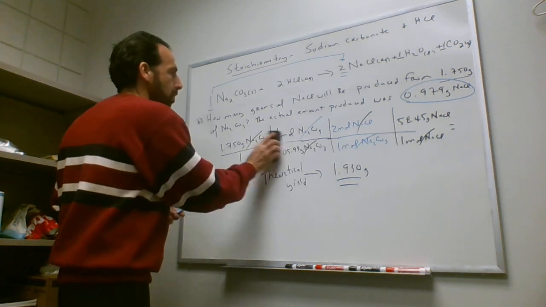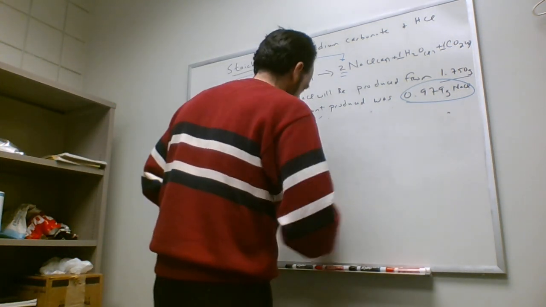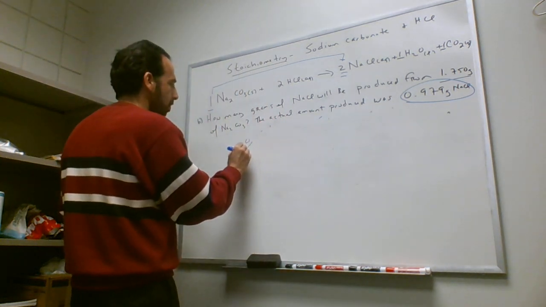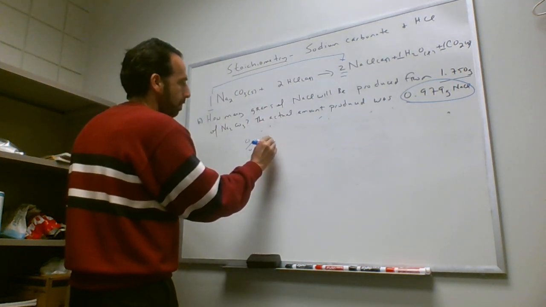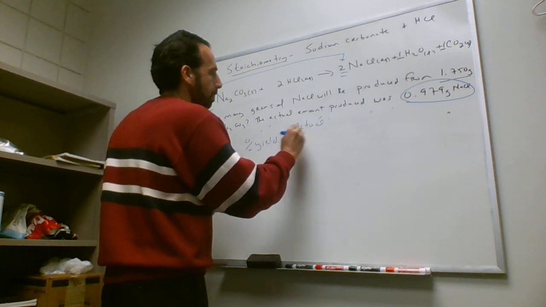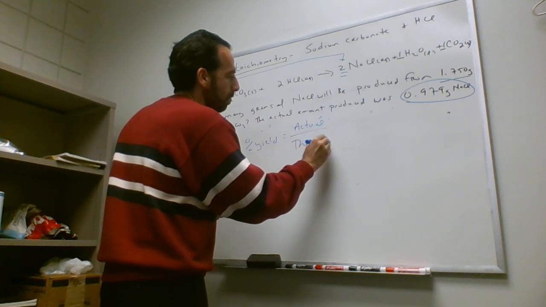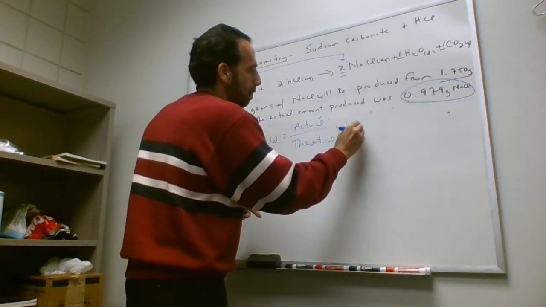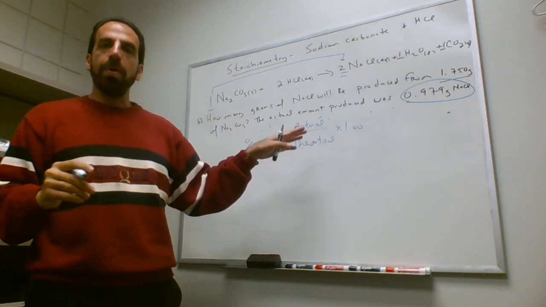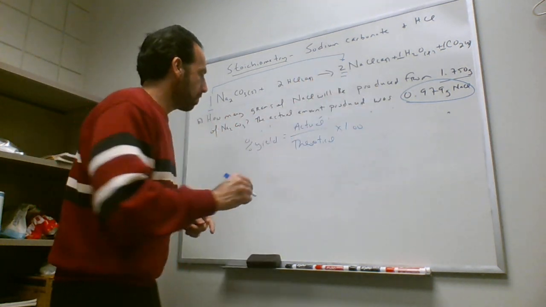So percent yield is your actual or experimental yield divided by theoretical times 100. So the actual yield in this case was 0.979.